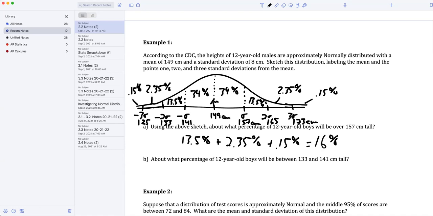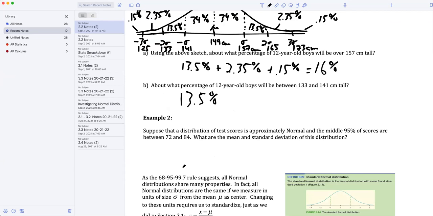That means about 16% of the population will be greater than 157. What percentage of 12-year-old boys will be between 125 and 173? Calculate the percentages there. That's between 3 standard deviations.